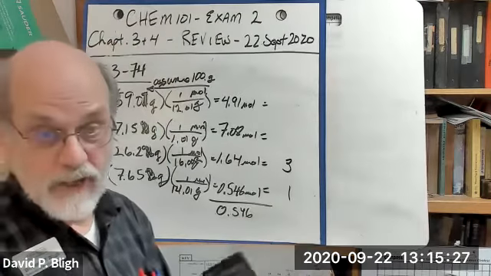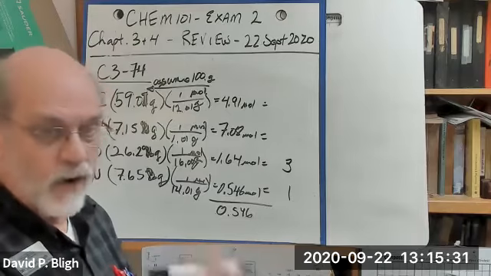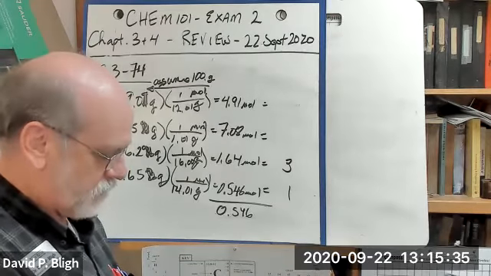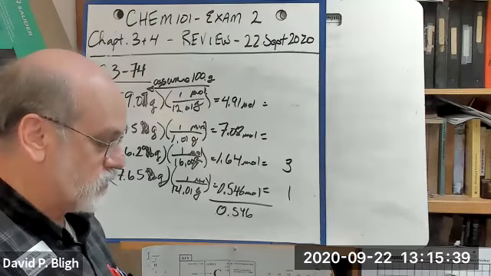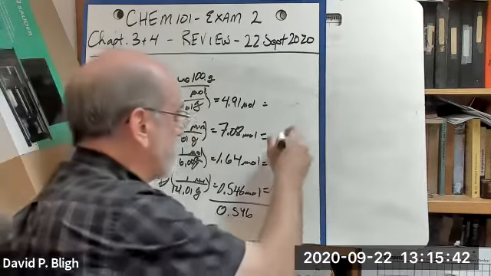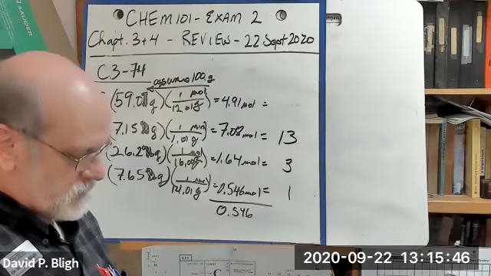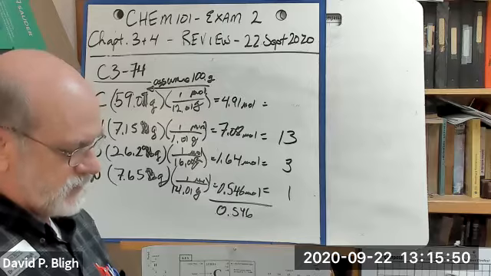Now we're rounding off, especially if it's very close to a whole number. 7.08 divided by 0.546 is rounded off to 13. And carbon, 0.546 divided into that is 9.